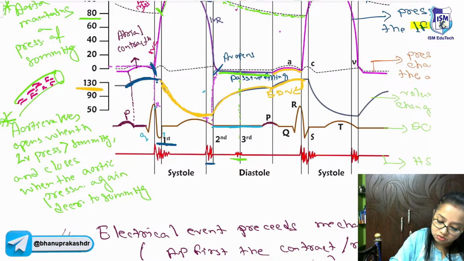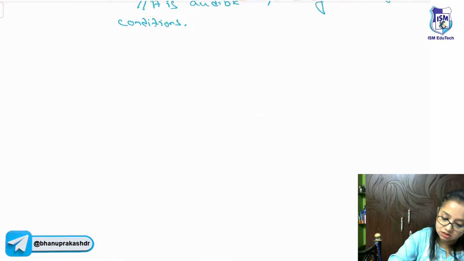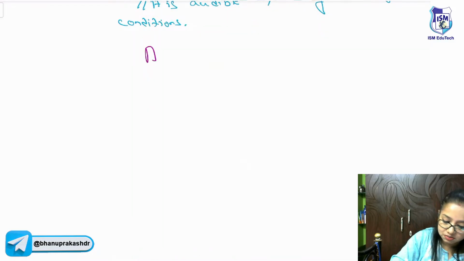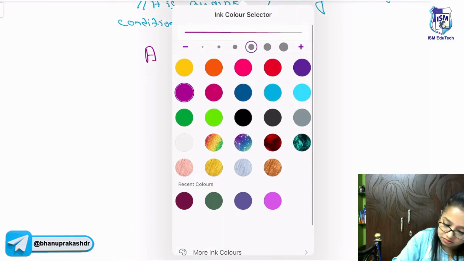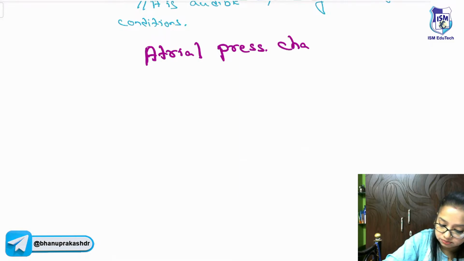Now coming to the change in the atrial pressure. Since we have written too much in it, to understand the atrial pressure we will use another diagram. Initially it may sound a little bit difficult, but just study point-wise as explained to you, it will not be difficult at all. So, atrial pressure change.